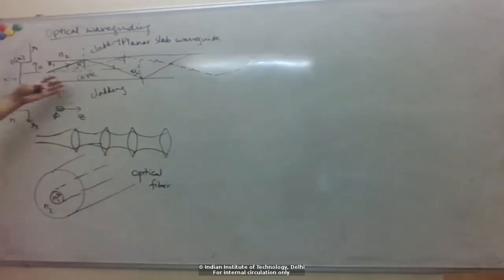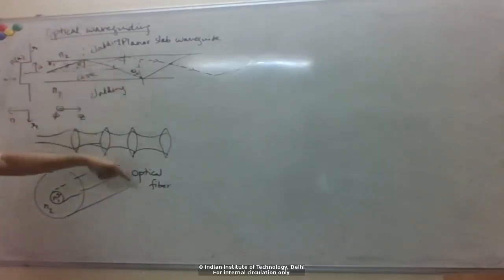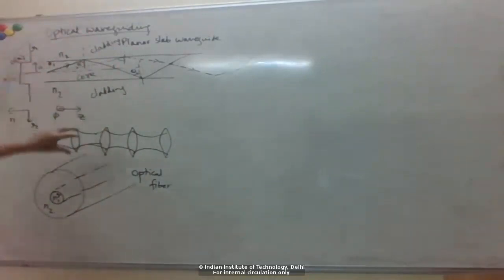So basically, in the Cartesian coordinate system, you have the planar slab waveguide. If you go to cylindrical coordinates, you get optical fiber. But otherwise, basically they're the same. It's sort of just a coordinate system transformation.